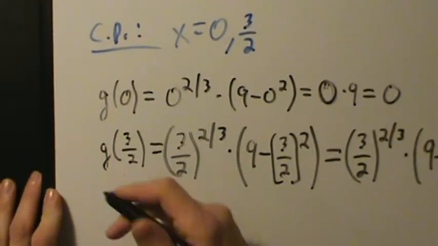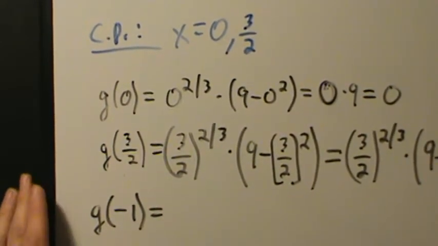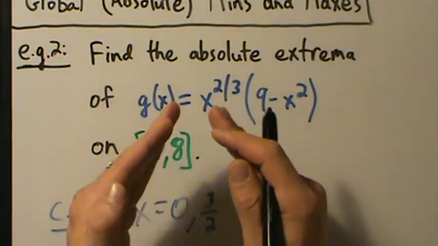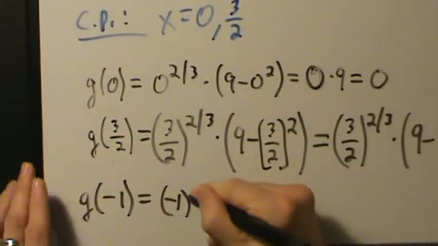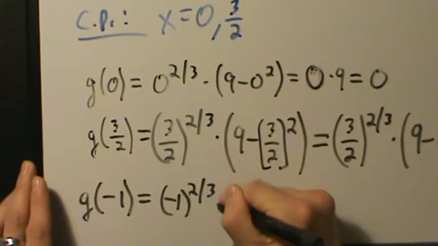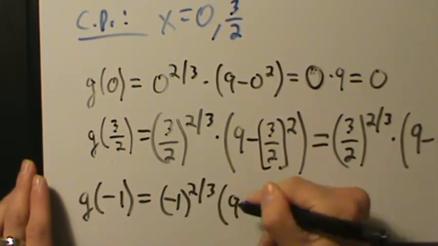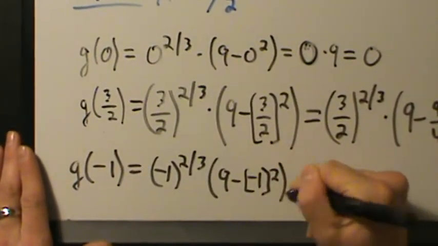So let's do g of -1. That's our first endpoint here. So g of -1 is -1 to the 2/3 times the quantity 9 minus -1 squared.